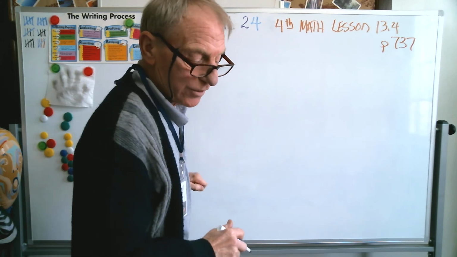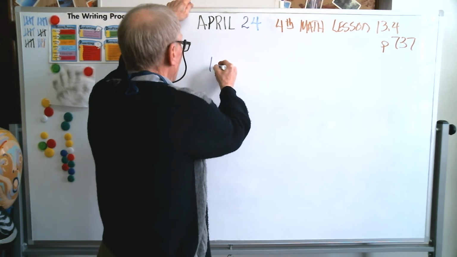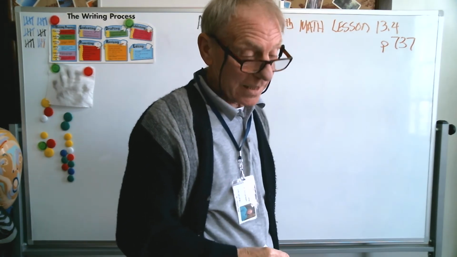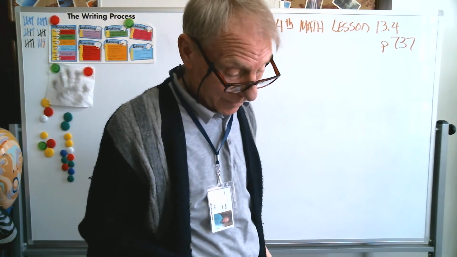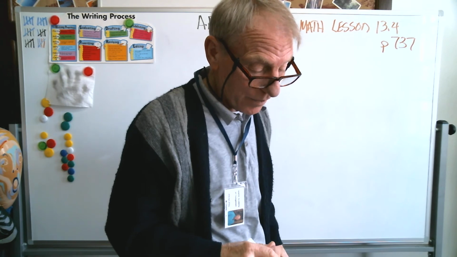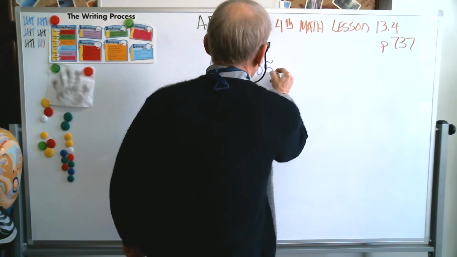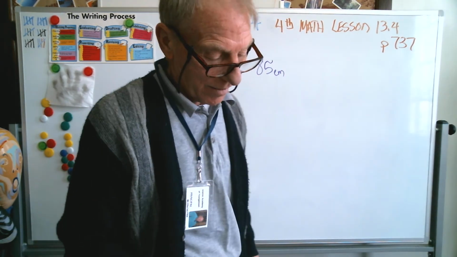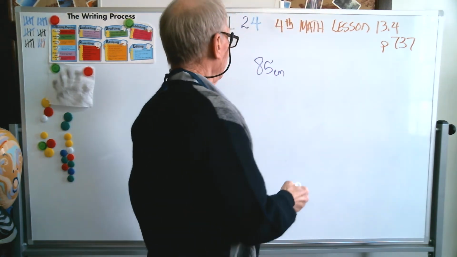Okay, so the frog makes 3 quick jumps. The first one is 1 meter. That's a pretty good jumping frog. You know, a meter is about that long. That frog can really jump. The second jump was 85 centimeters. Why am I getting a feeling this is going to be a conversion problem? The third jump was 400 millimeters.